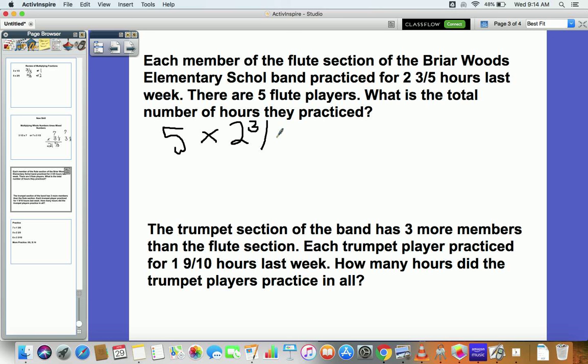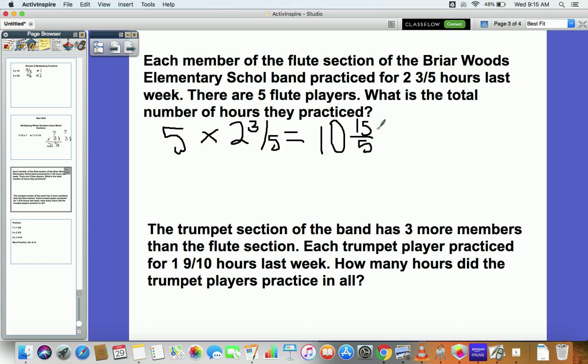So remember, when we multiply, we're going to take our whole number times our whole number. So 5 times 2 would be 10. And then we're going to take our whole number times the fraction from the other number. So 5 times 3/5. So we take our whole number times our numerator is 15. And our denominator stays 5. Now, 15/5 is an improper fraction because the number on top is larger.